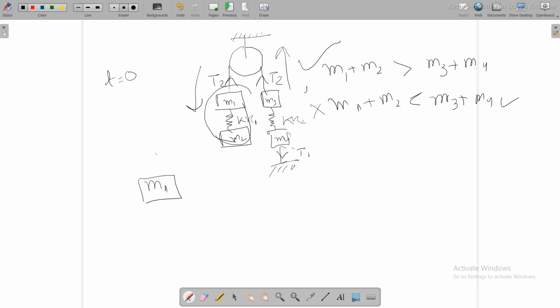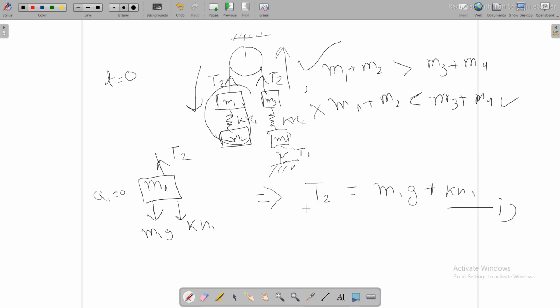Now there will be upward tension, and downward weight force plus spring force kx1. As acceleration a1 is equal to 0, in equilibrium T2 is equal to m1g plus kx1. This is equation first.